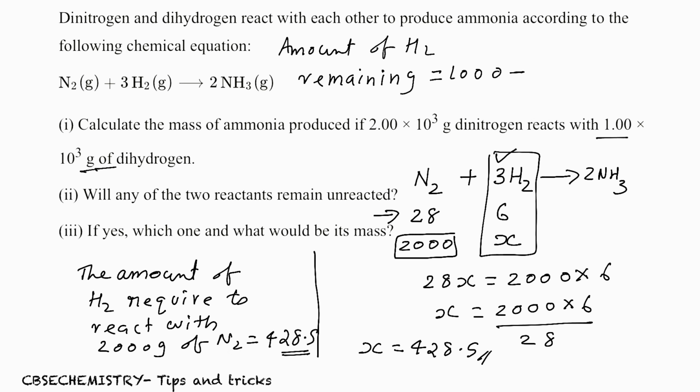It is 428.5. Initially 1000 gram of hydrogen is there, and for reacting with the 2000 gram of nitrogen, 428.5 is used. So how much hydrogen remains unreacted? Of course, 1000 minus 428.5. The answer is 571.5. Hope all of you understand.